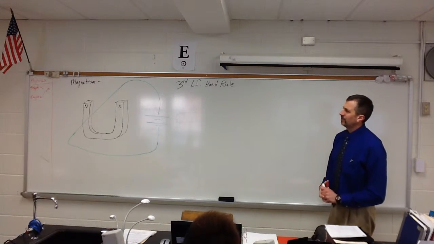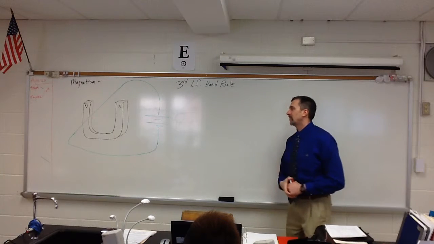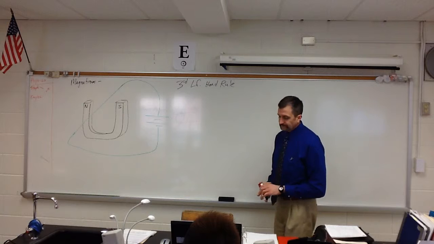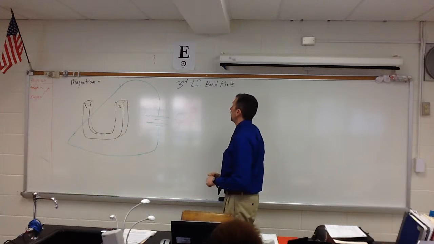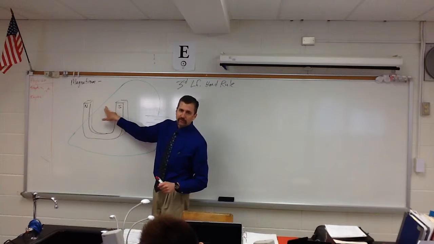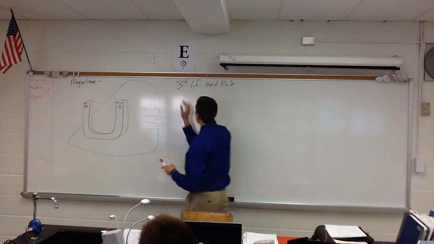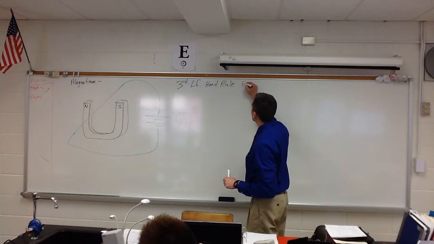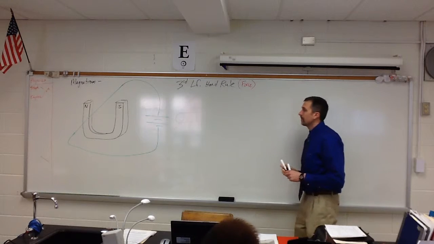You might think this is far-fetched, but actually there's a lot of application to this. If this were to happen, there would be an interaction here, and the wire would actually experience a force. So this third left-hand rule is trying to find the direction of the force.